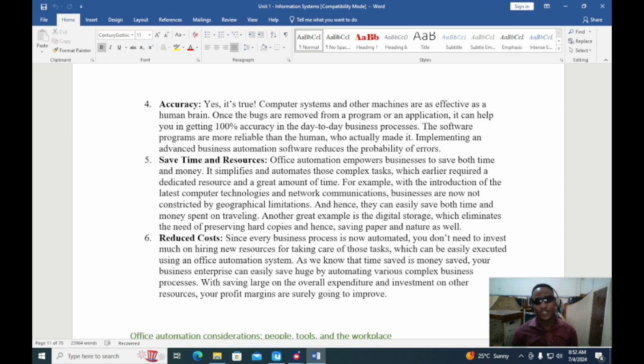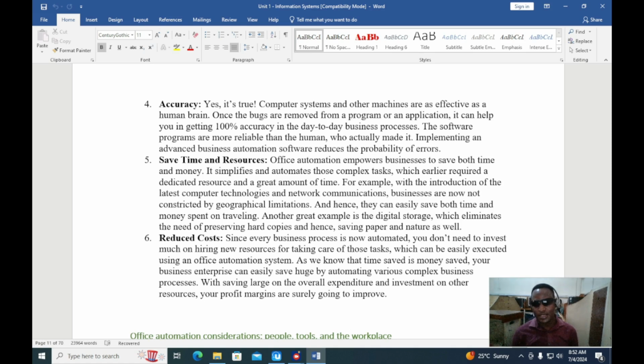There is simplification and the automation of some tasks that are complicated, that earlier would have required lots of dedicated resources and a great amount of time to have them done. For example, with the introduction of the latest computer technologies and network communications, we have businesses that are now not constricted by geographical limitations.